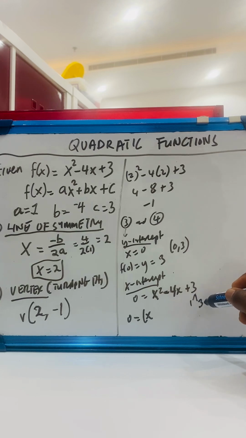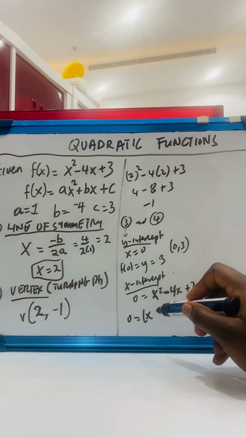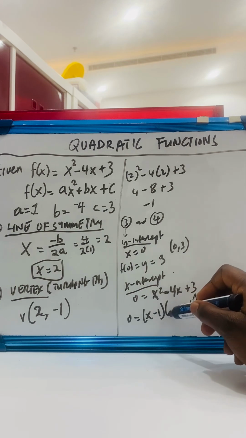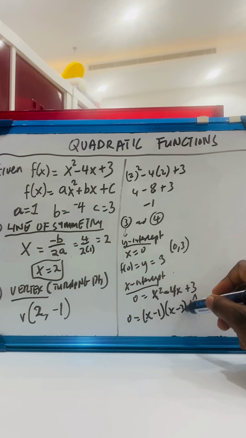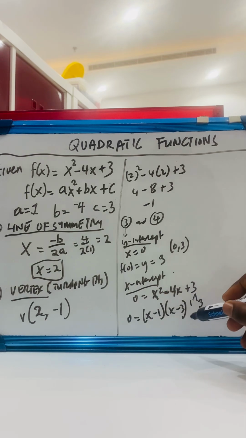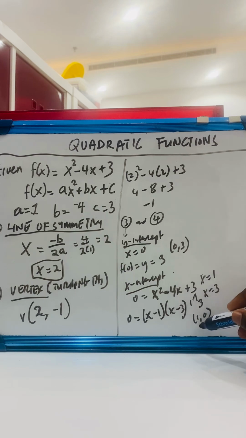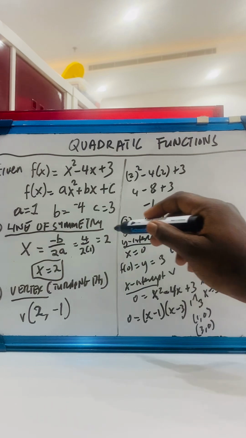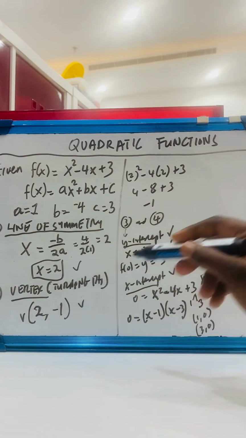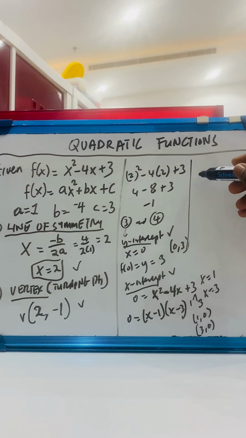And minus 1 times minus 3 will give a product of 3. So I can do x minus 1 and x minus 3. If I solve each of the factors, I have x equals 1 or x equals 3 as my intercept. So the coordinates there will be 1 and 0 or 3 and 0. Knowing all these characteristics, I can easily graph my function.